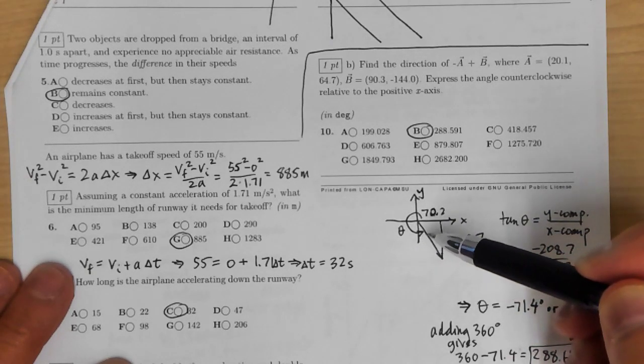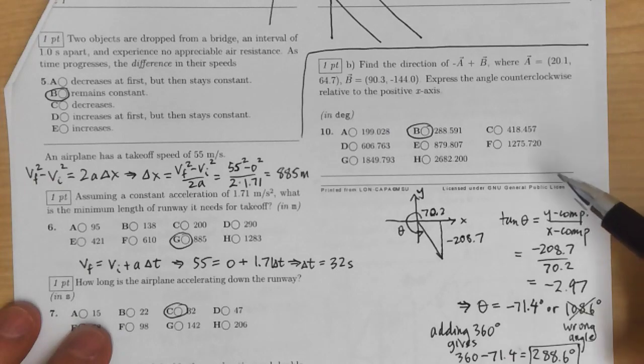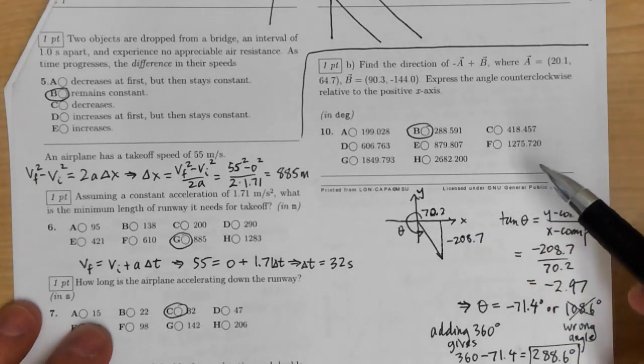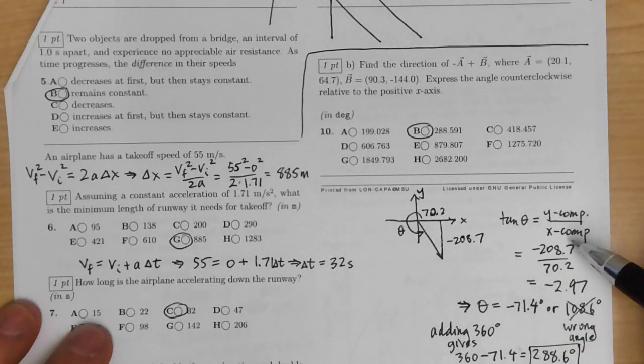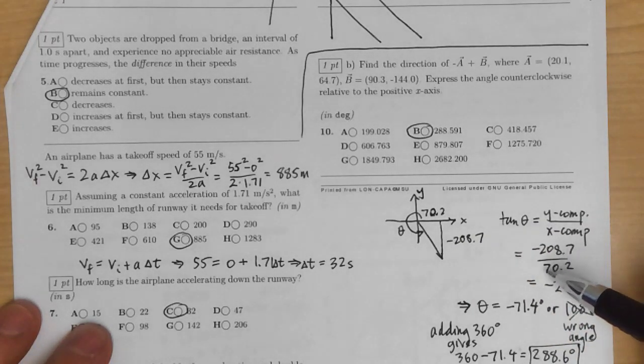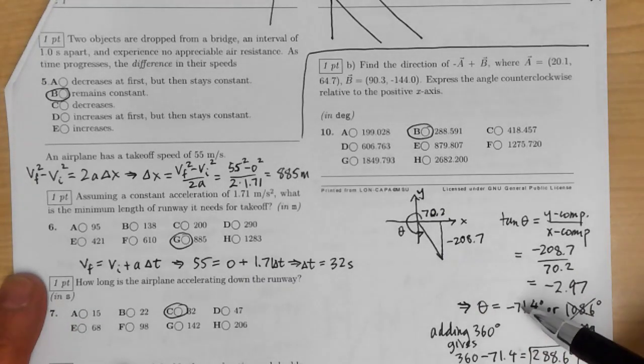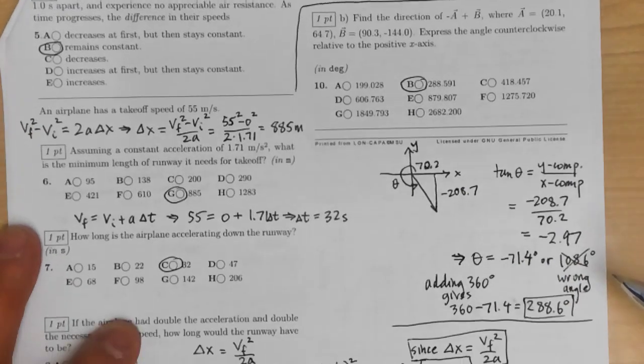It's an angle that's bigger than 270 degrees. Now we can calculate the tangent of theta. Tangent of theta is the y component over the x component. That's negative 208.7 over 70.2, or negative 2.97. Now we punch this into the calculator, and theta is equal to negative 71.4 degrees, or 108.6 degrees.